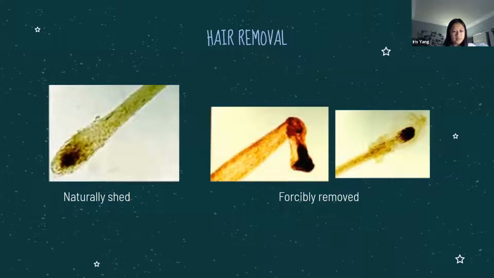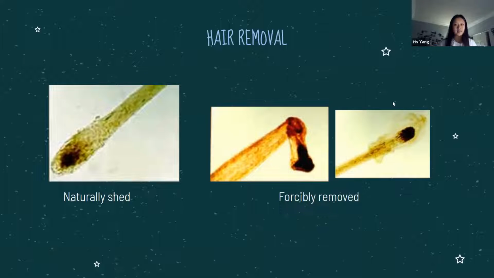Also, here's some cool stuff I found. If you were at a crime scene and you see a hair that's naturally shed, you could look at the bottom of it and it looks like this. This part comes out of your scalp, and it makes a little bulb shape here, and that's naturally shed.